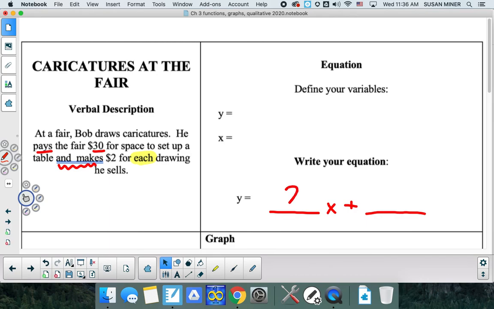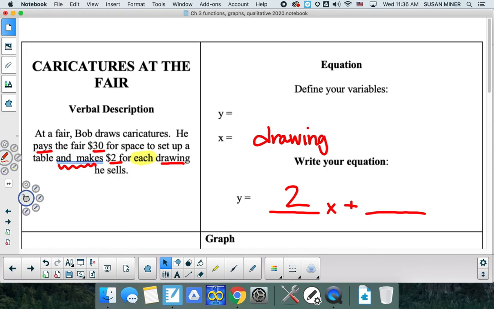So $2 is going to go here, and it's each drawing. So remember, my X is the per what? Whatever it is per, this is $2 per drawing. So whatever it is per, remember that's what my X is.